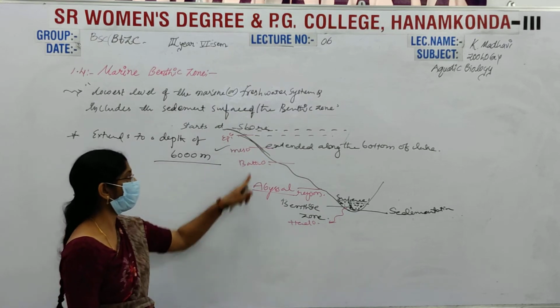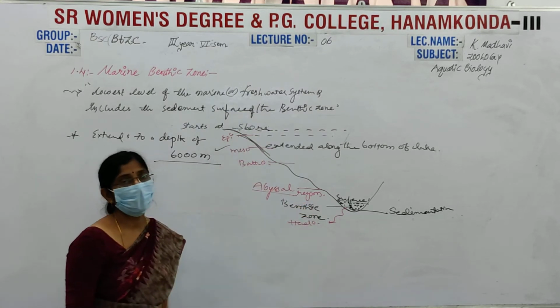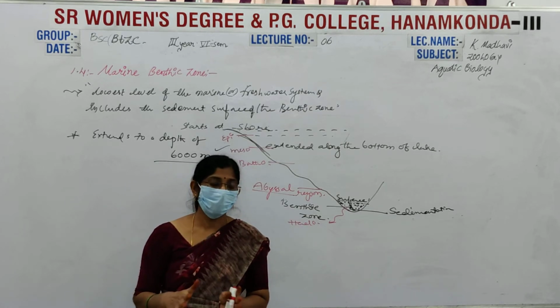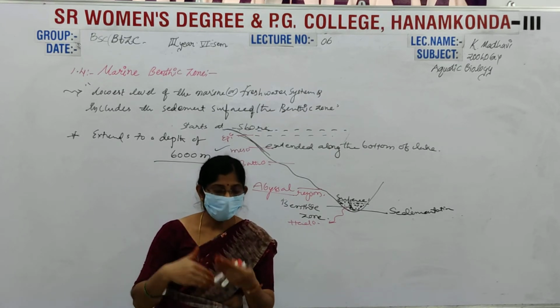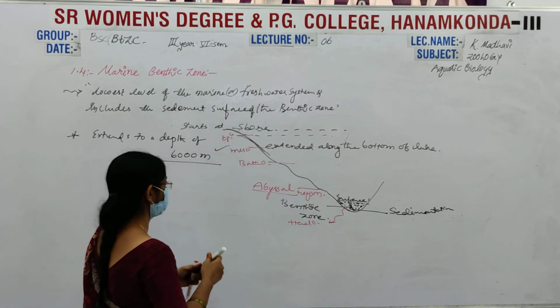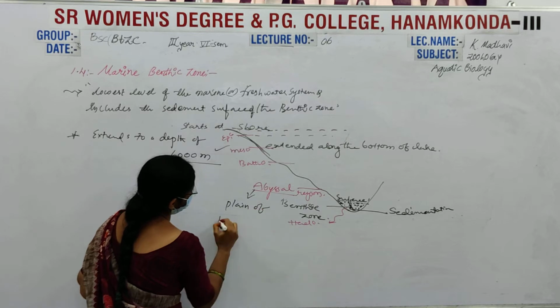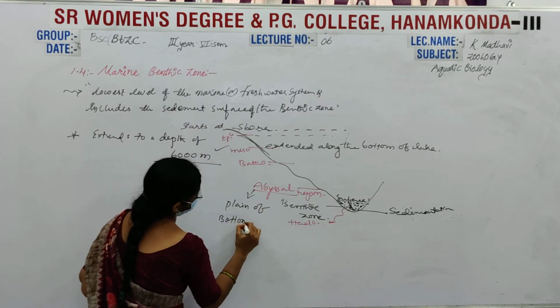That's why almost all of them reach the abyssal region. They extend into the abyssal plain at the bottom of the ocean.